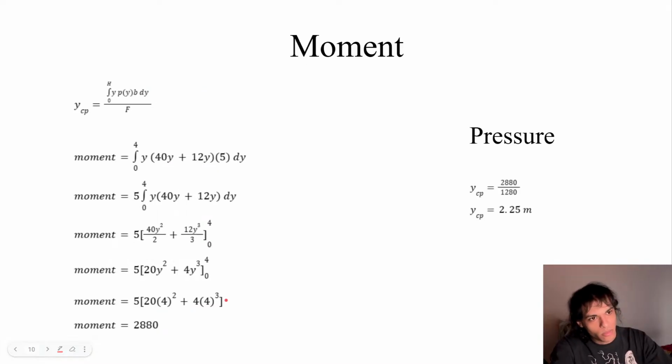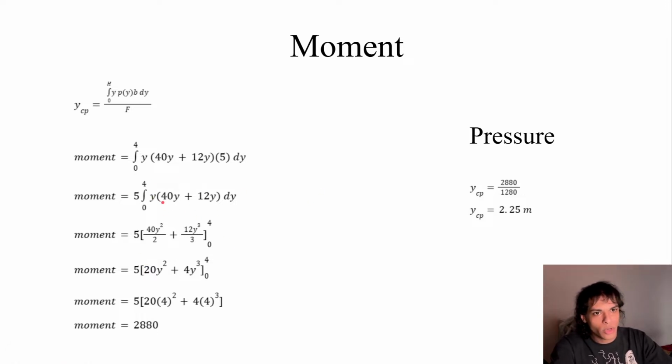And before we finish this, we need to find also the moment, in order for us to calculate the pressure. The moment is represented by this formula, which is quite similar. The only difference is that we have the y factor here. So by using this extra y in here, we multiply it inside, and then we take the integral.